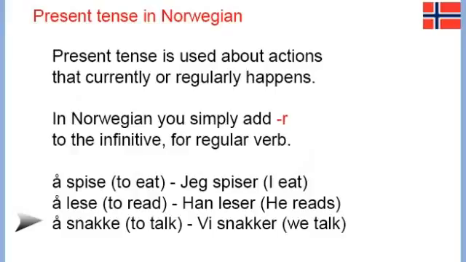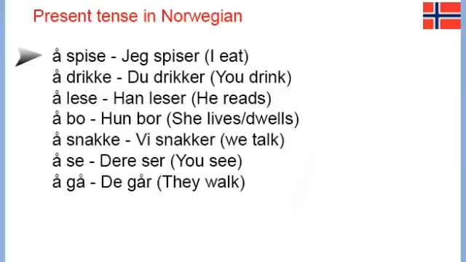So just a few more examples of the present tense in Norwegian. Just notice how the R is added to all of these infinitive forms. Å spise, jeg spiser. Å drikke, du drikker.